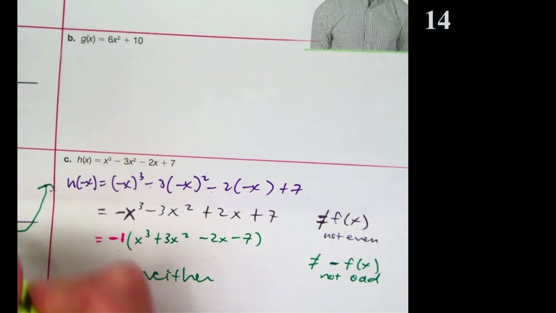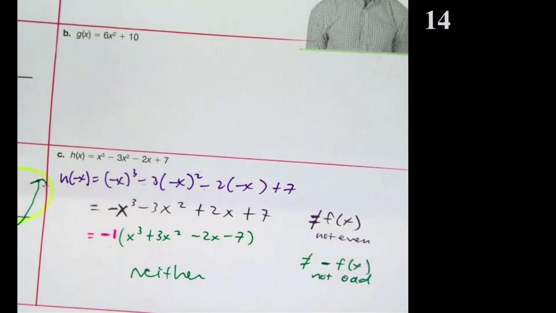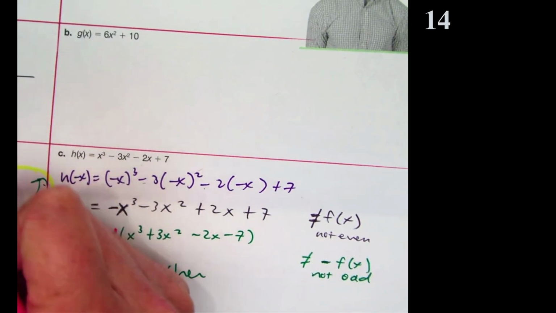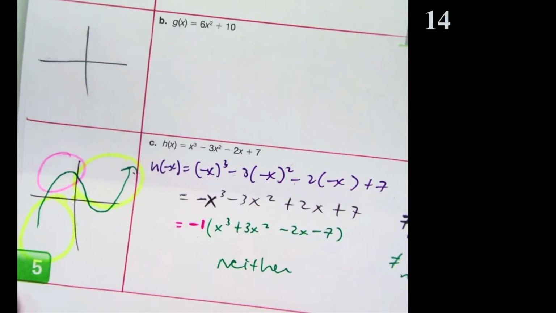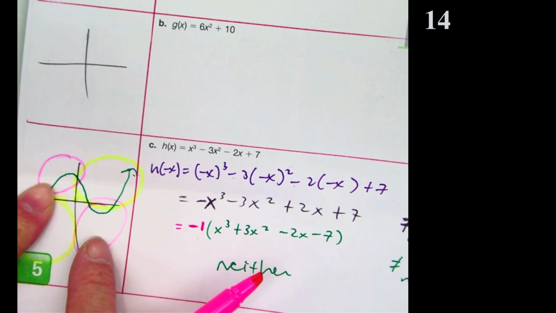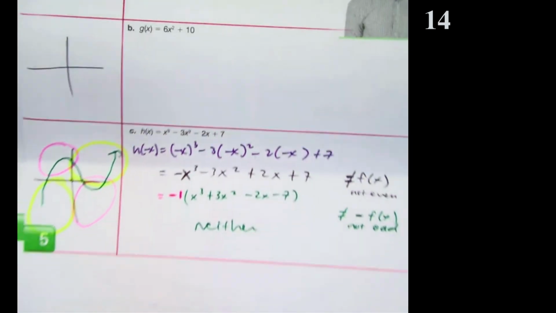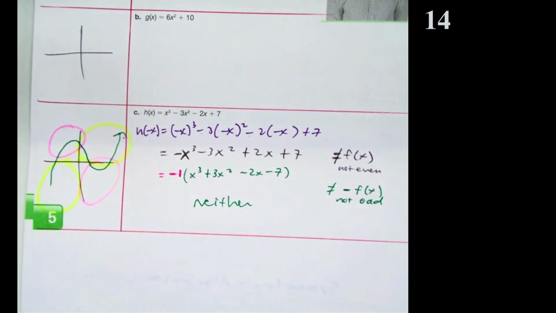Look at symmetry about the origin. These are not exactly the same. Going across this way, there's a bump, bigger bump, smaller bump. These are not the same. So there is no symmetry about the origin. Therefore, the answer is neither.